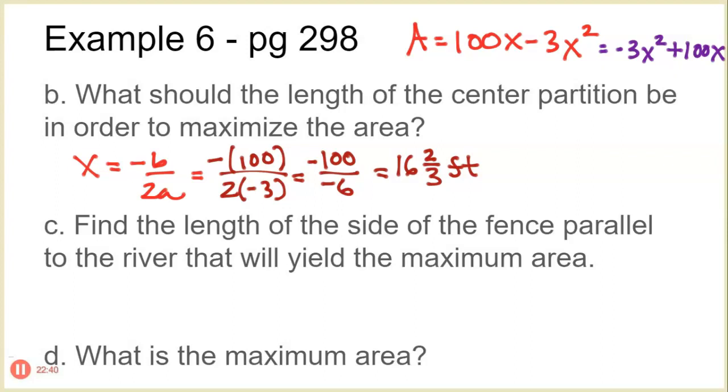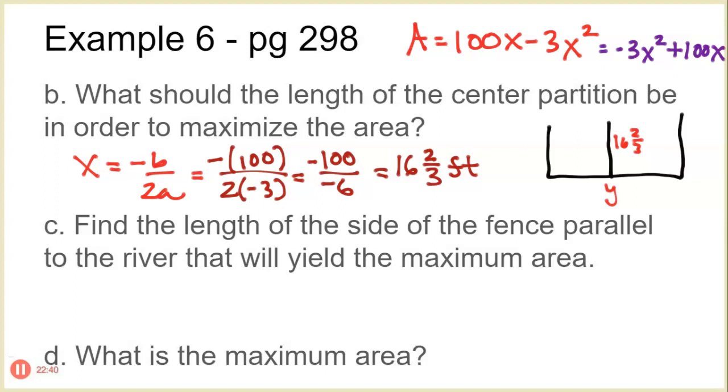Now the second part says find the length of the side of the fence parallel to the river that will yield the maximum area. So that goes back to our diagram. And let me see, I can draw the diagram really quick, kind of sketch. So this one is 16 and 2/3 feet. And now I want to find this one because that's parallel to the river.